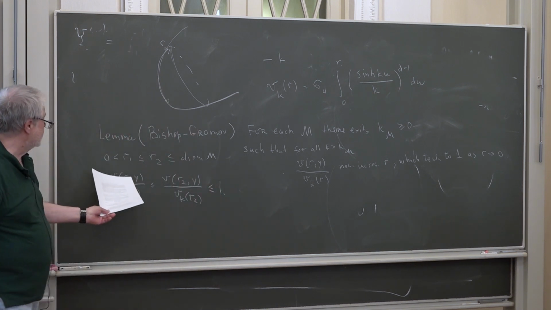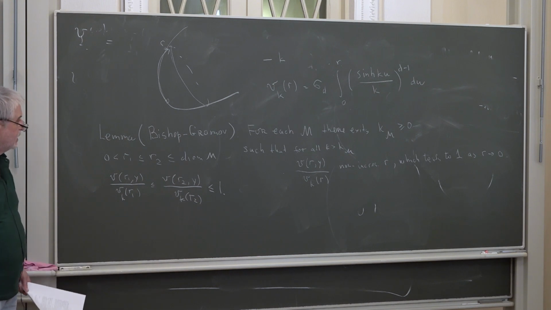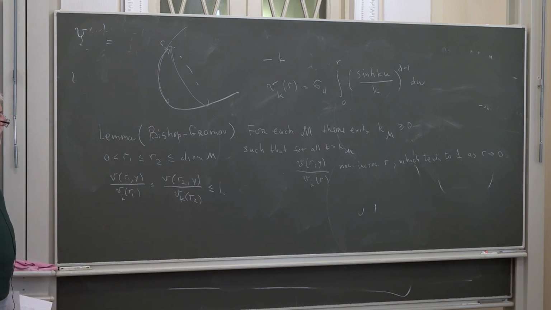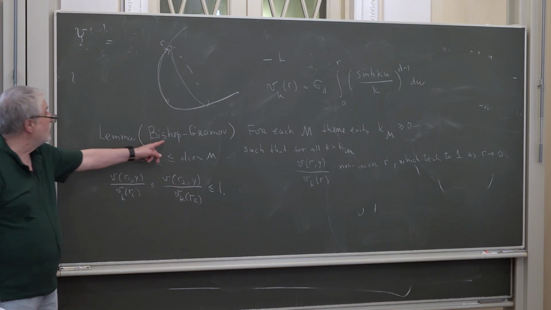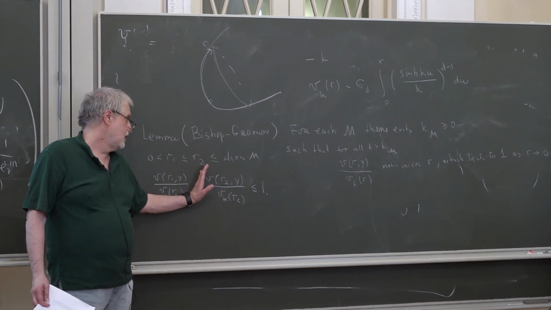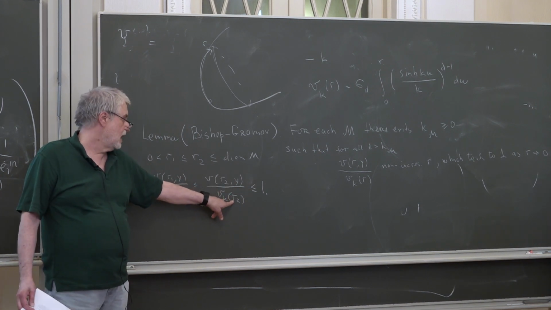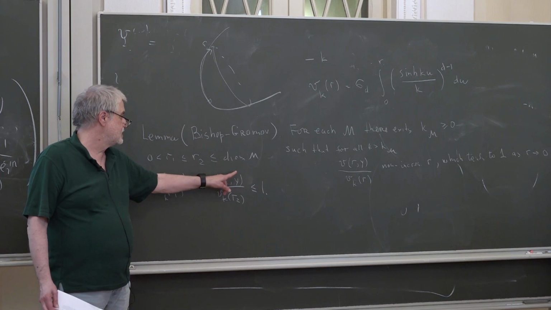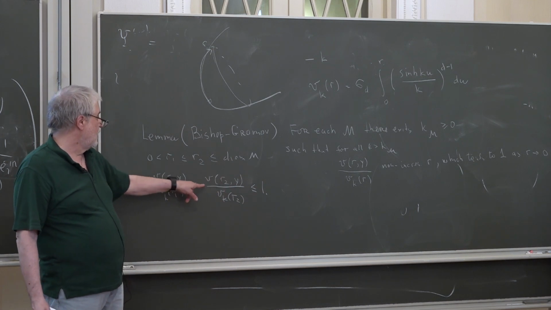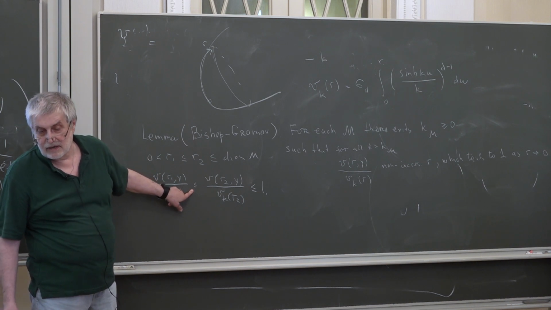So for arbitrary R1 and R2 we have these inequalities. Actually, Bishop proved this inequality, so this volume is always smaller than this one. And Gromov improved this result, proving that we have additionally this inequality, monotonicity.